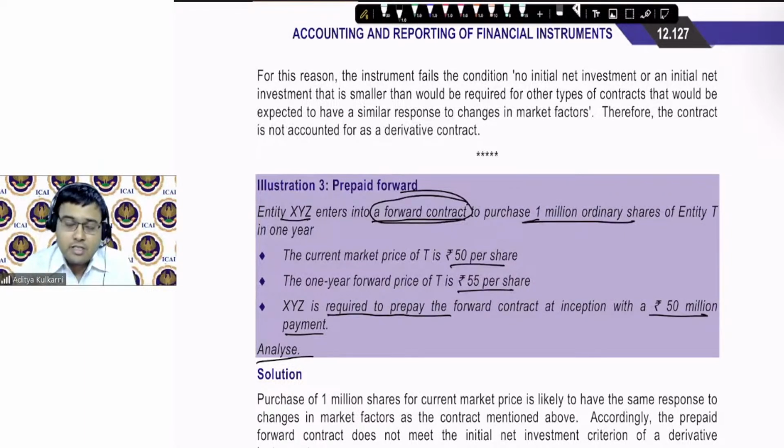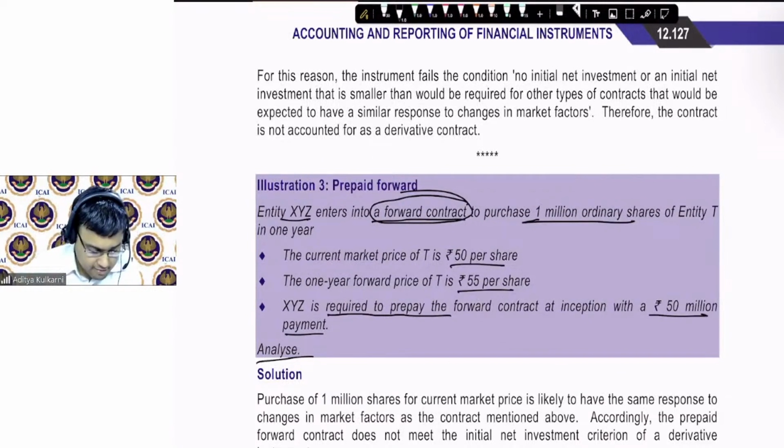But what are the features of a derivative? First one, value dependent on an underlying. Second one, settlement in the future. And third, initial payment should be zero or insignificant. If all these three conditions are met, only then it becomes a derivative. So let us understand.